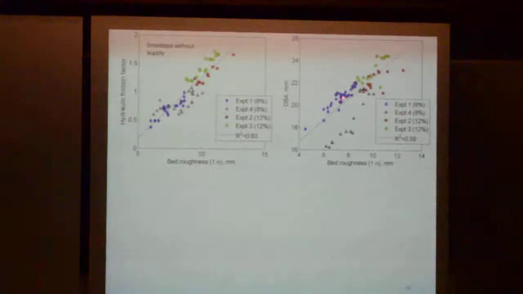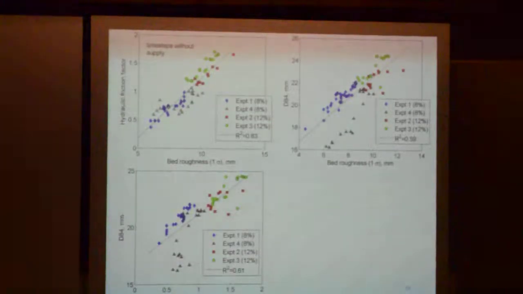And you can see with the 8% slope experiments here, an offset in grain size. So for a given bed roughness, there's a bit of an offset in the D84 size. And similarly for the 12% slope experiments, the grain size is also somewhat offset.